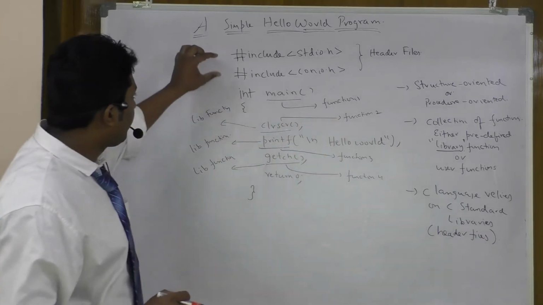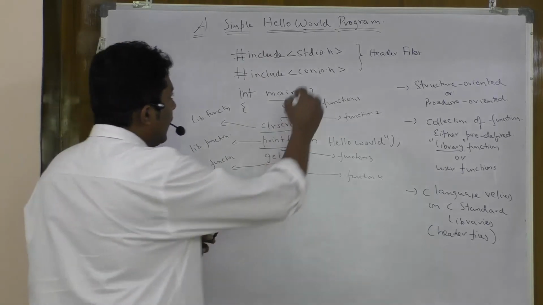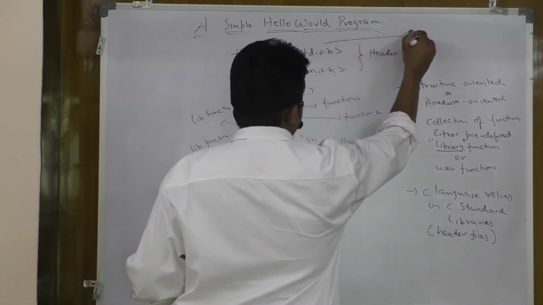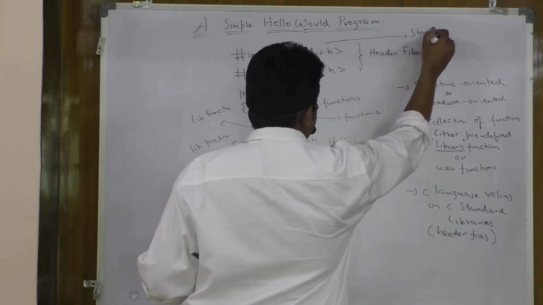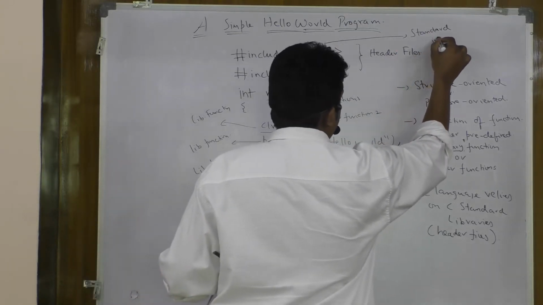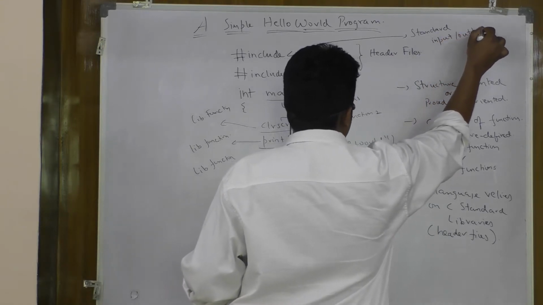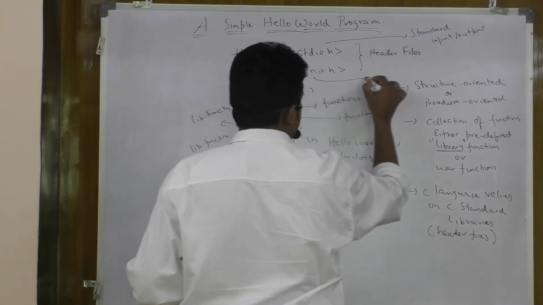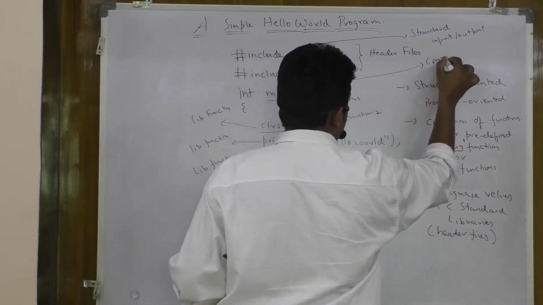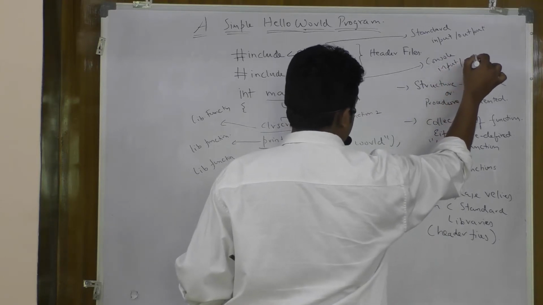Each header file, such as stdio.h, is also known as standard input output.h, and conio.h is known as console input output.h.